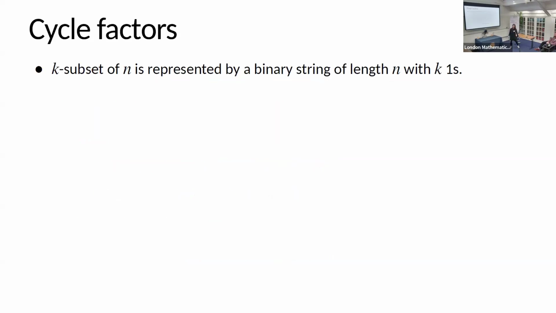Okay, so let's see how, in step one, we can create a cycle factor. Remember, a cycle factor was a collection of cycles. So I'm coming to another representation of the vertices of the Kneser graph. We saw it was a set of size k, but now I want to represent the set as a binary string. So it's a different representation.